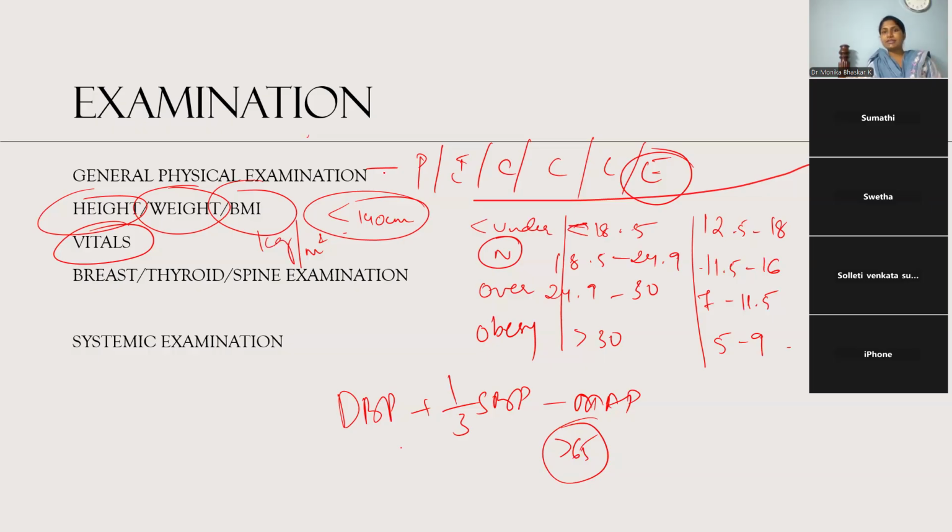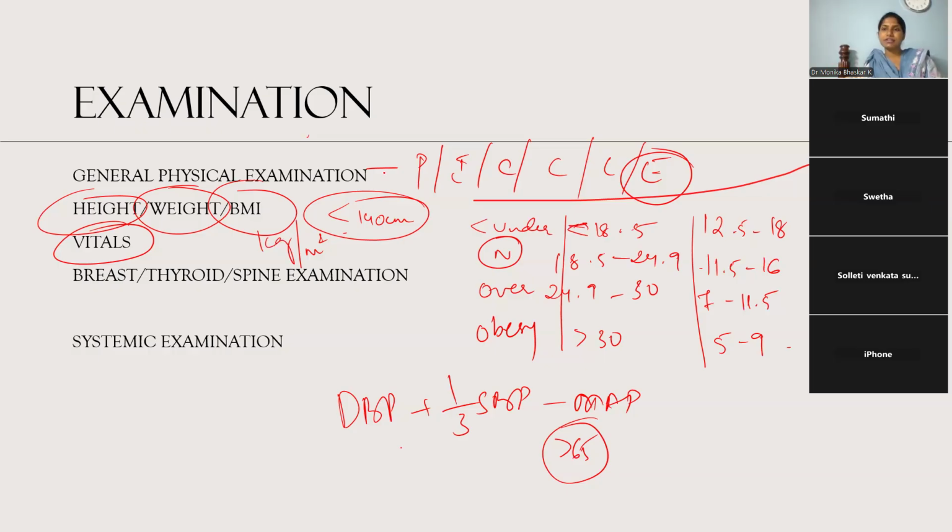And systemic examination, even FOGSI guidelines tell us to do it at least once, in her first visit or any other visit, and auscultate her chest, because you cannot wait until labor and find she has some murmur. You don't know whether it was there previously or not. So you should not miss doing a systemic examination at least once in her antenatal period.